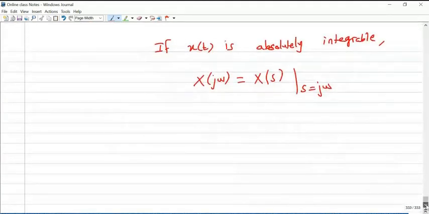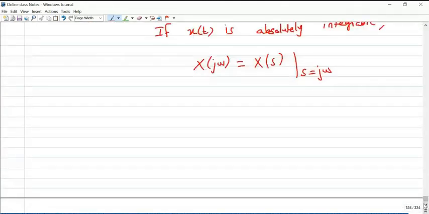Whenever we are solving a problem in Laplace transform, we have to define the region of convergence. Region of convergence means the range of values of sigma for which x of s exists. Your x of s is valid for this particular range only. That is the meaning of region of convergence.